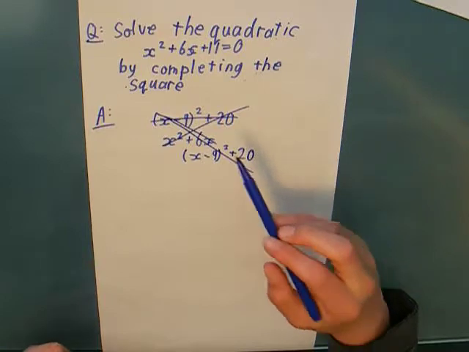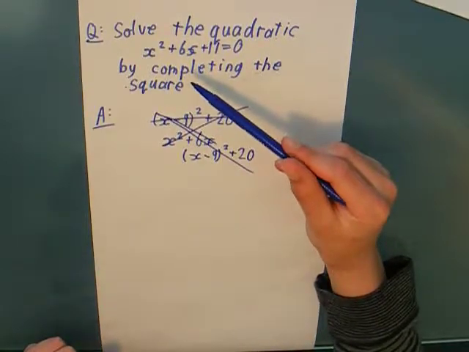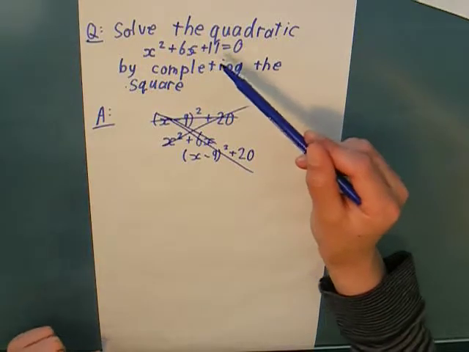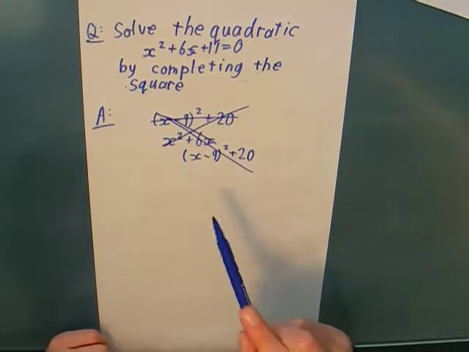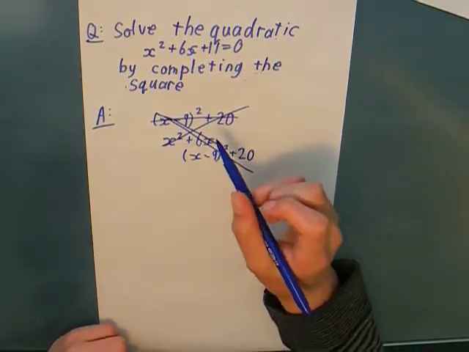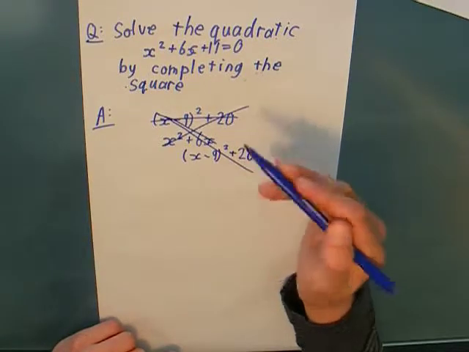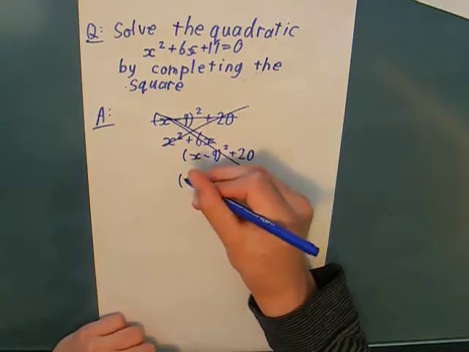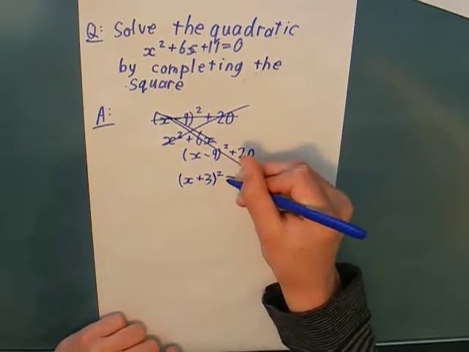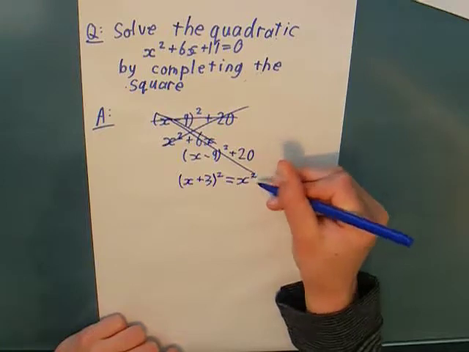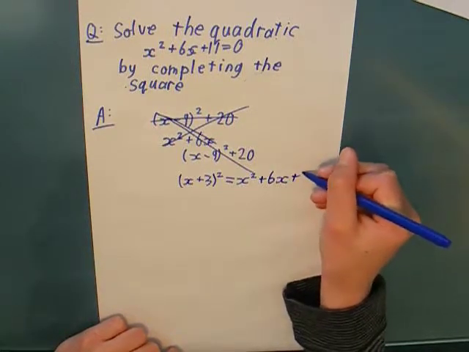So now, starting here, you can see I've got an x squared plus 6x. I'm going to be looking to write this as a square plus a number. Well, I for a fact know that x plus 3 squared equals x squared plus 6x plus 9.